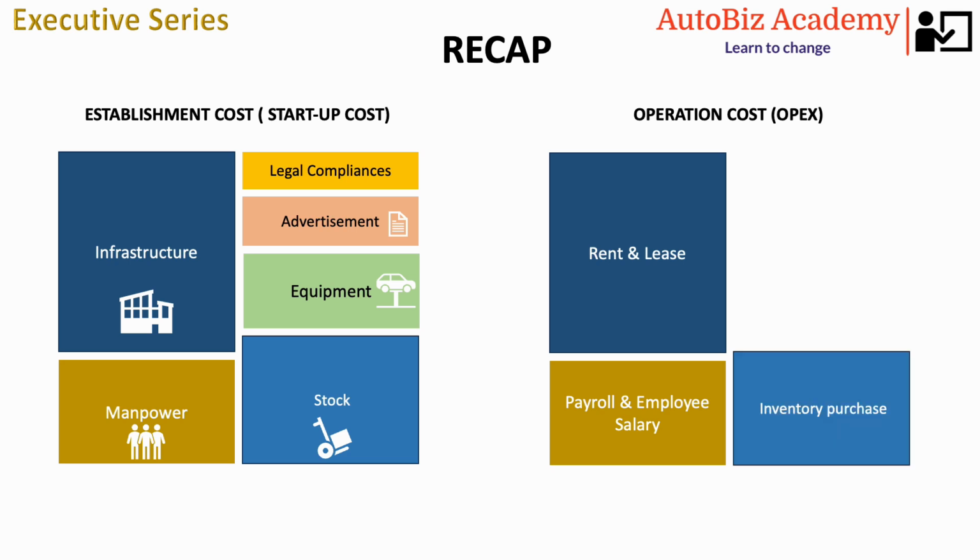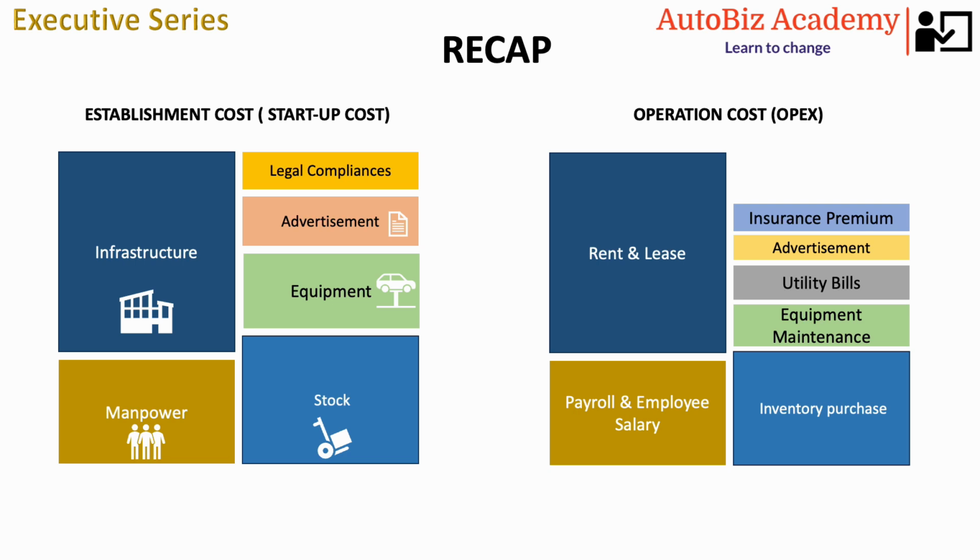Inventory purchase: whatever lubricant, parts, consumables, whatever we buy for the sale, comes under inventory purchase. Then comes equipment maintenance, utility bills, advertisement, insurance premium, and administrative expenses. These expenses are further categorized as fixed cost and variable cost.